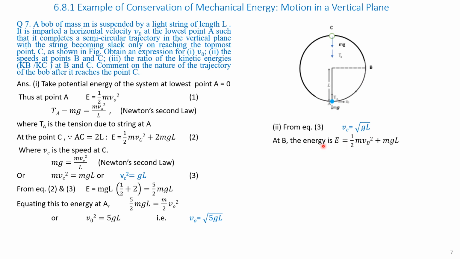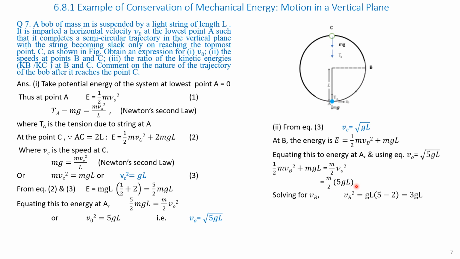Now at point B, energy is E equal to kinetic energy half m Vb square plus mgL, where Vb is the velocity at point B. Equating this to the energy at A, m by 2 v naught square, where v naught square is 5gL, we get half m Vb square plus mgL equals m by 2 into 5gL.